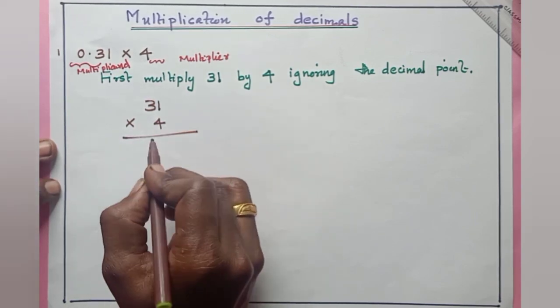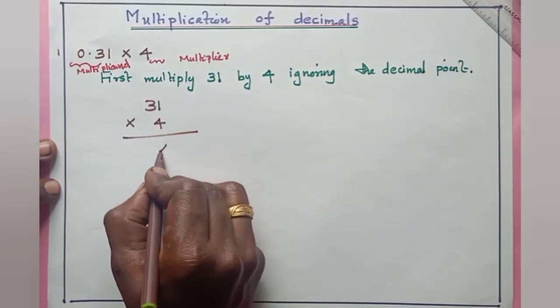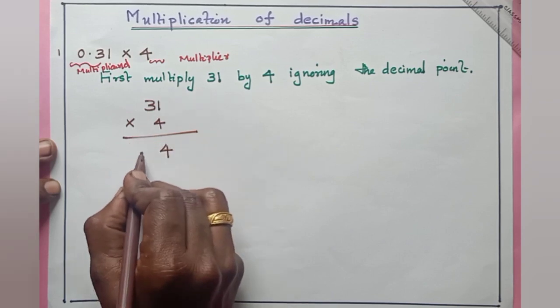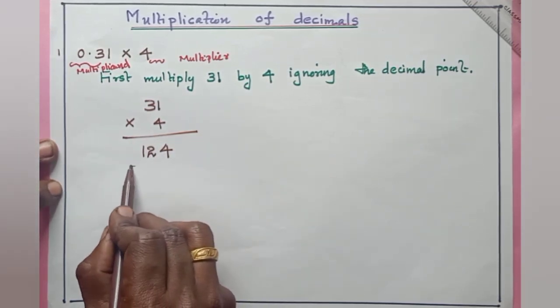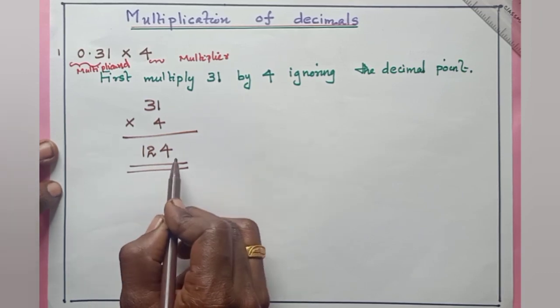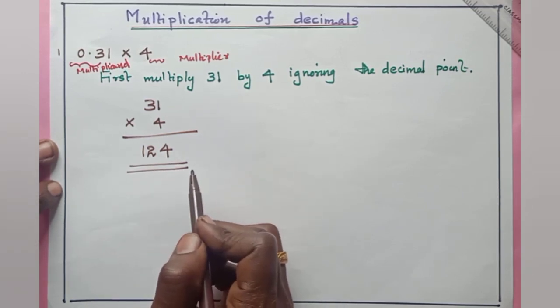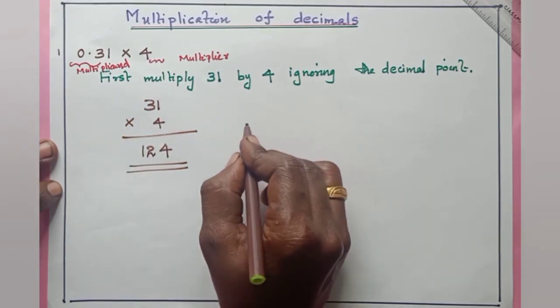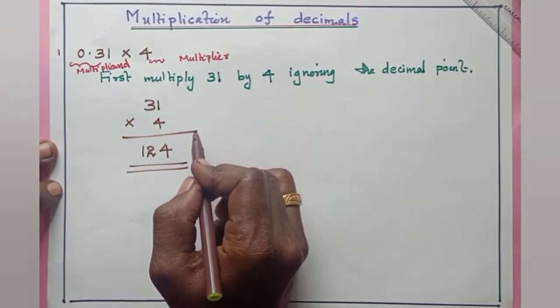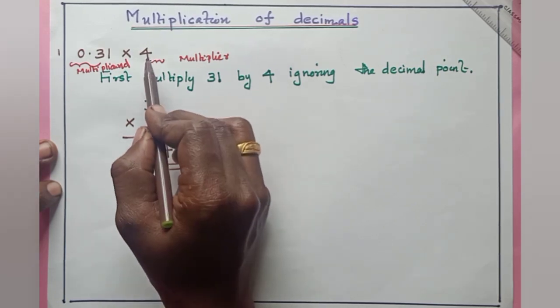Easy multiplication. 1 4 is 4 and 3 4s are 12. So we get the whole number answer 124. But the question is a decimal number. So place the decimal point so that in the product there are as many decimal places as this multiplicand has.